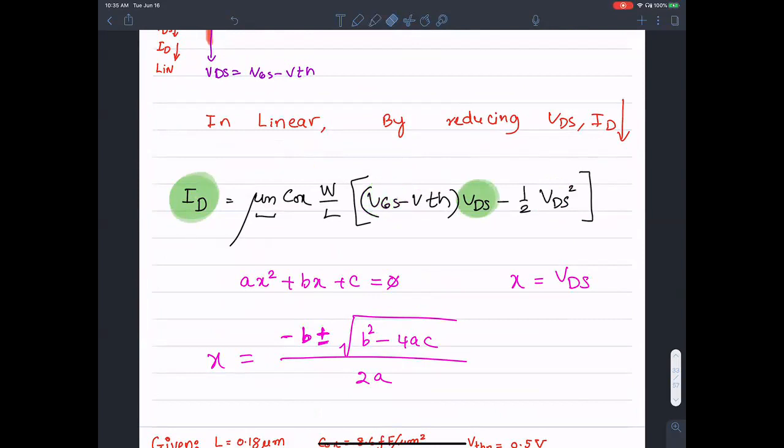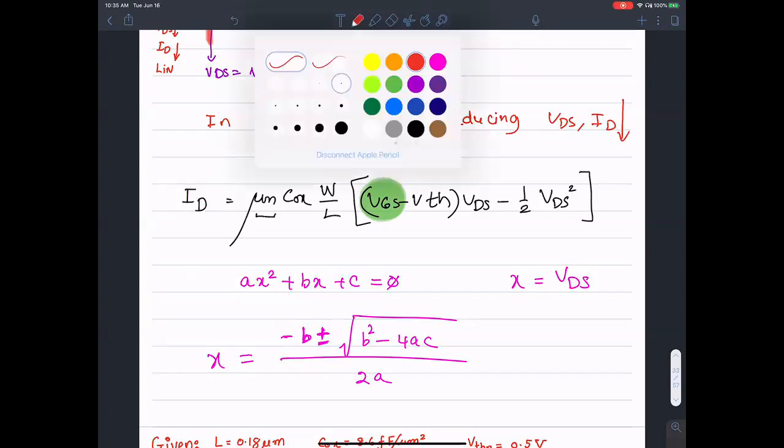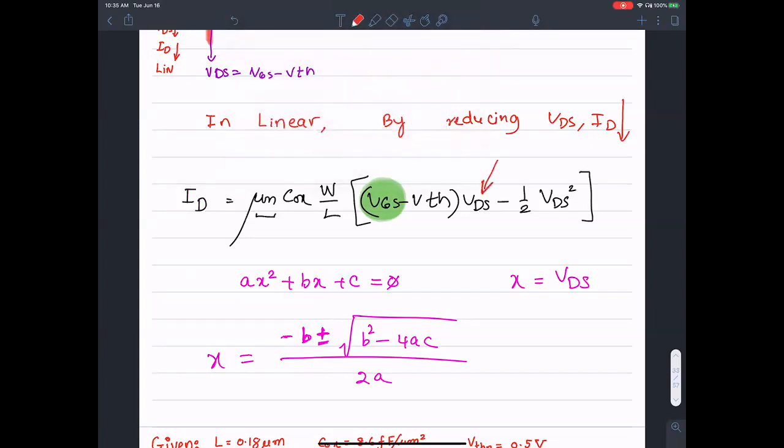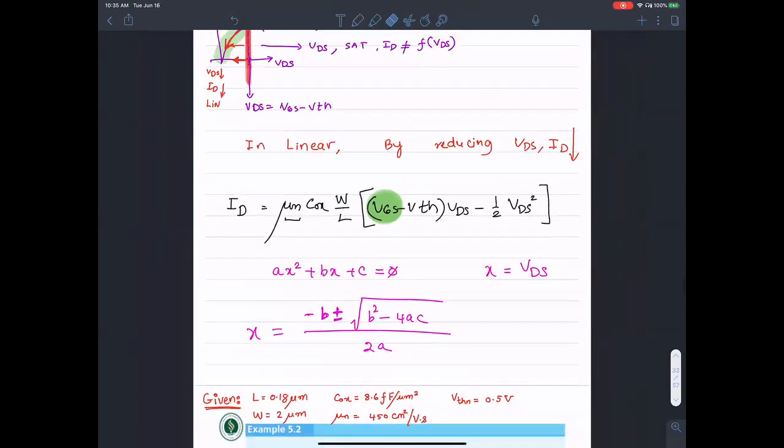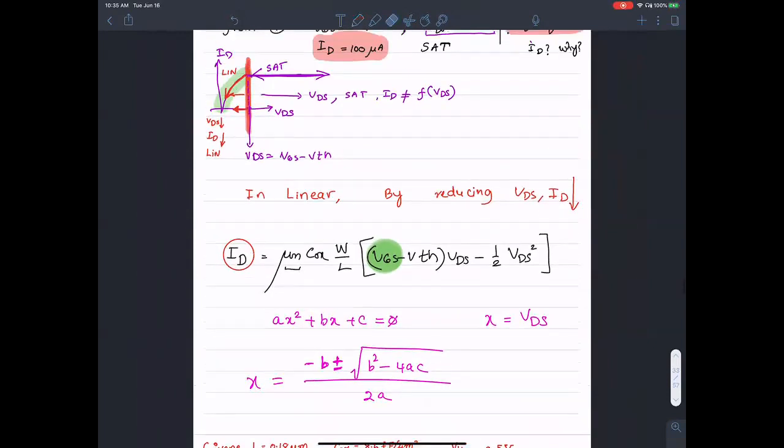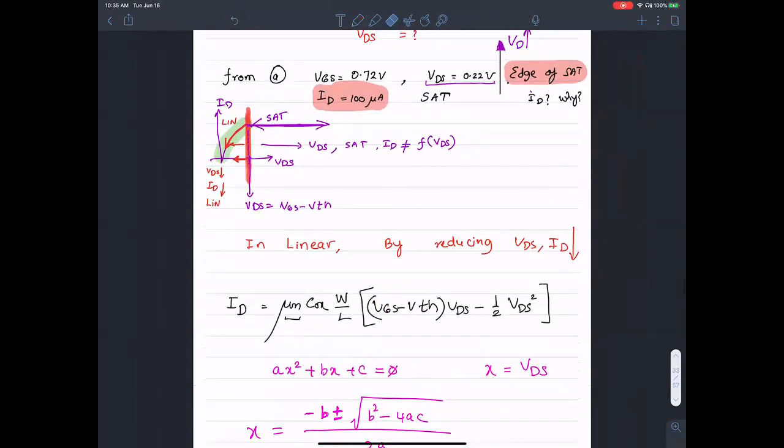But one of the constraints in the problem is that VGS should not be changed. If you want to keep VGS a constant, the only knob to reduce the drain current from 100 microamperes to 50 microamperes would be to change VDS. You have to lower the VDS. Once you lower the VDS, you get a new lower value for the drain current. Make sense? Questions, please.